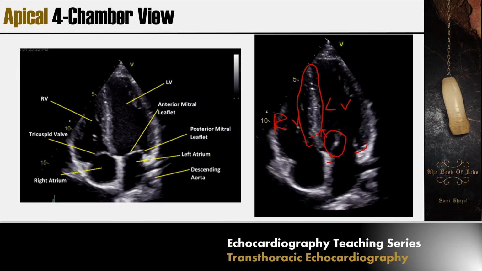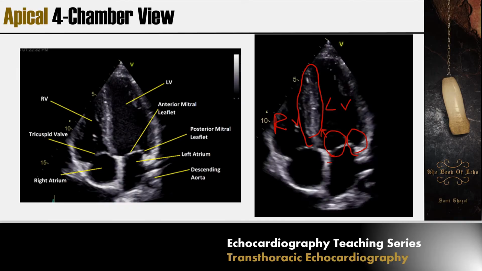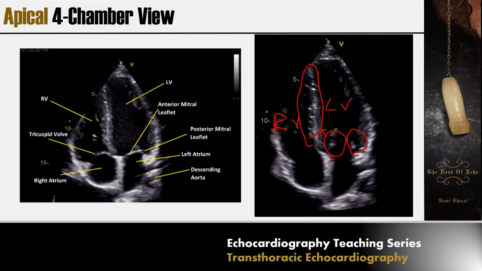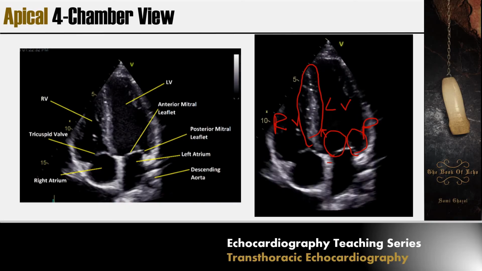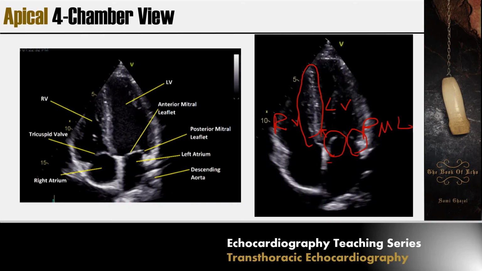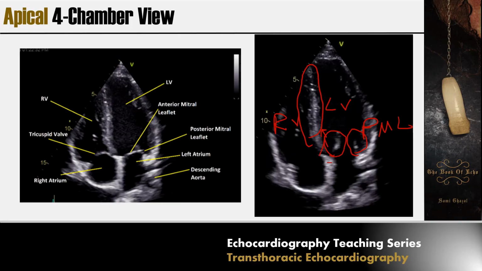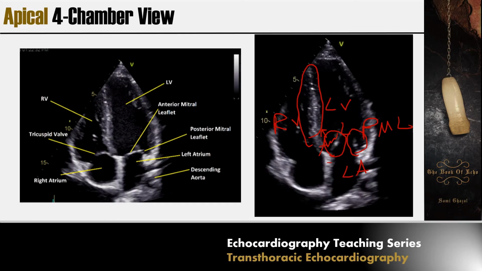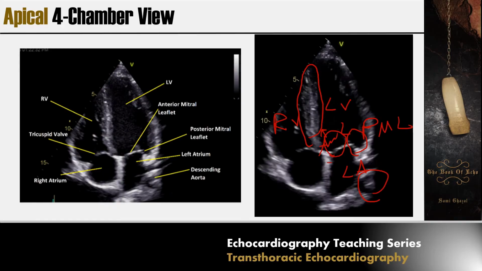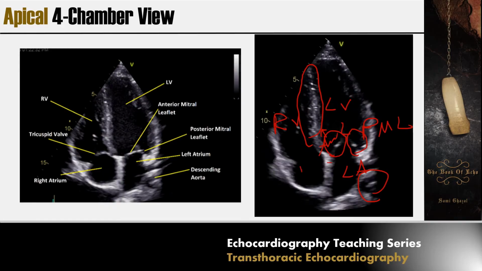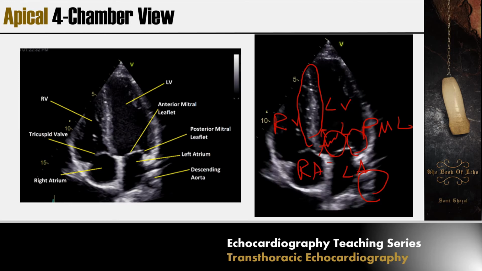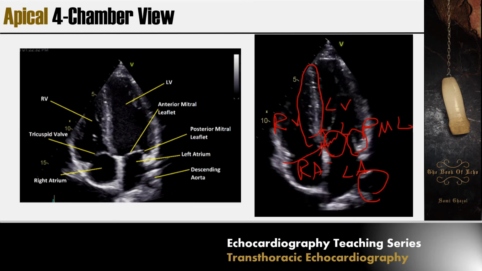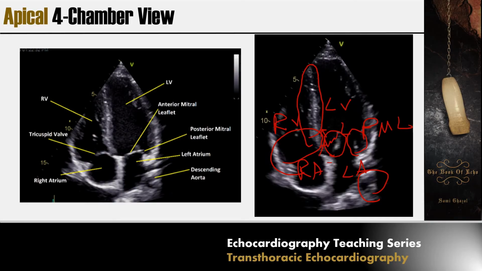The leaflet away from the septum is the posterior leaflet. So this is the posterior mitral leaflet, and this is the anterior mitral leaflet here. LA is here. Sometimes you can see the descending aorta located here. This is the RA, and the tricuspid valve here.